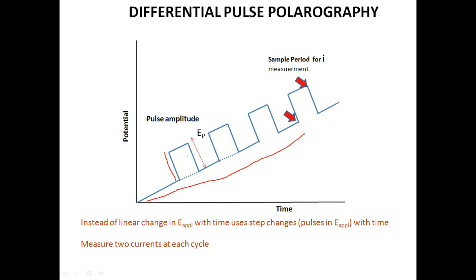The pulse doesn't change, only the actual potential keeps on increasing linearly, and the pulse amplitude applied is always the same in all the drops, right? So instead of a linear change in applied potential with time, it uses pulse changes in applied potential with time.